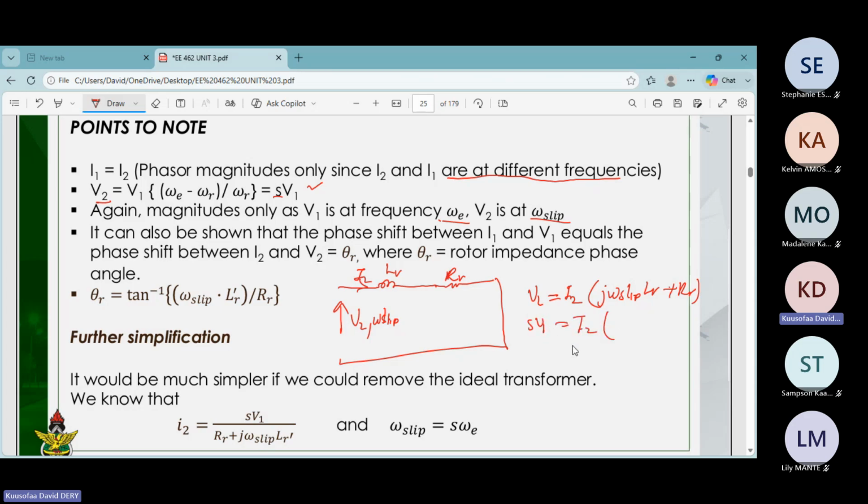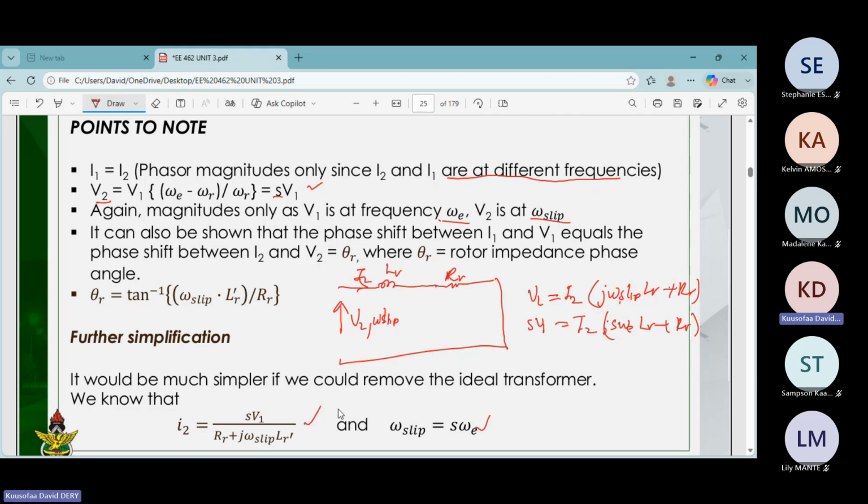So what we can do is replace omega slip with this, right? So that means that we are going to have S omega E LR plus RR. So that is what we are going to have. If we make I2 the subject, that will give us this expression.